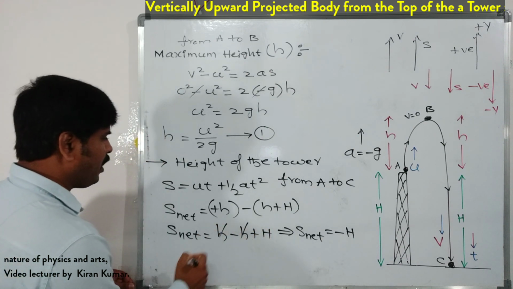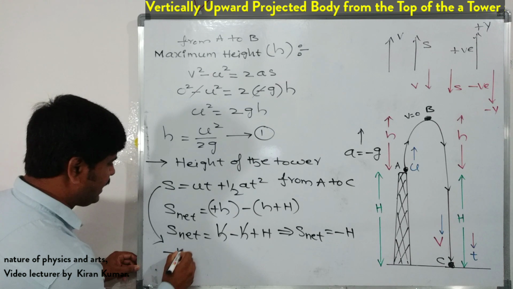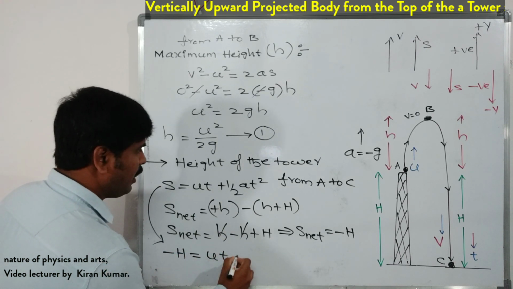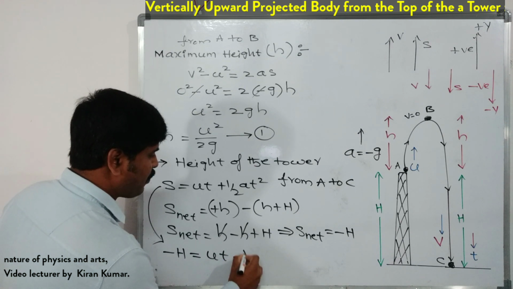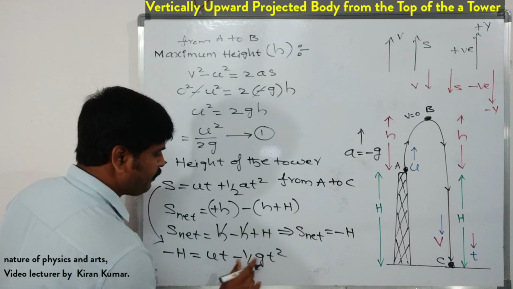Then I am going to write this equation: s is equal to minus H, which is equal to ut minus 1 by 2 gt square. Try to understand here.